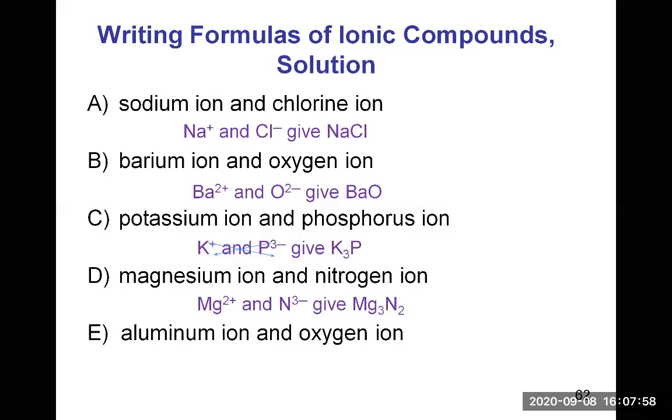You cannot simplify that. So make it 6 positive charges in total and 6 negative charges in total, and they will cancel out. So to get 6 positive charges from Mg2+, you will need 3 Mg2+.